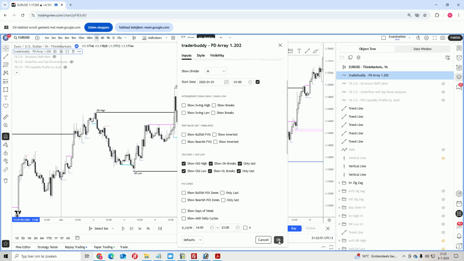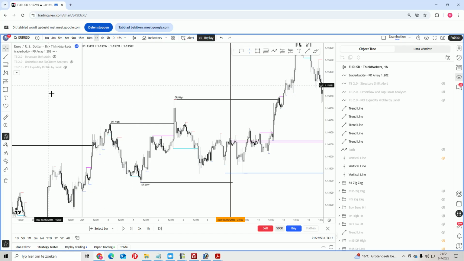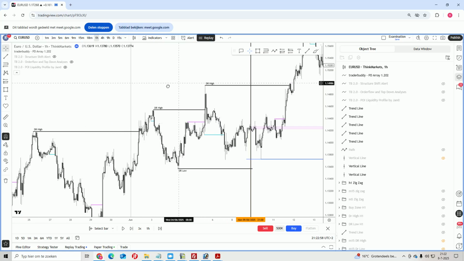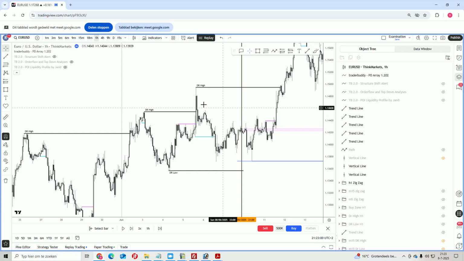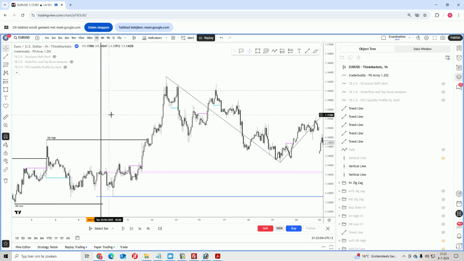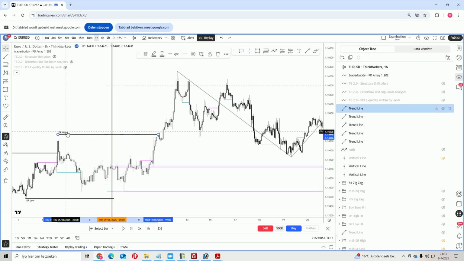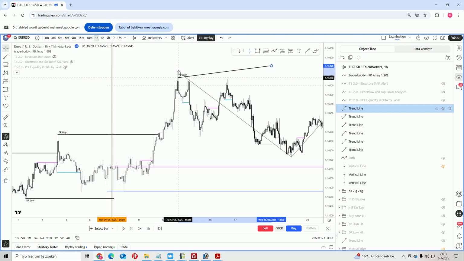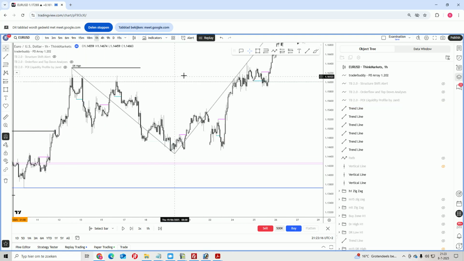So make sure you only show the last one that broke, and then it goes looking for the next one in the opposing direction. So again, we're still in an uptrend, so when we break this old low, this high here is confirmed as being the dealing range high.